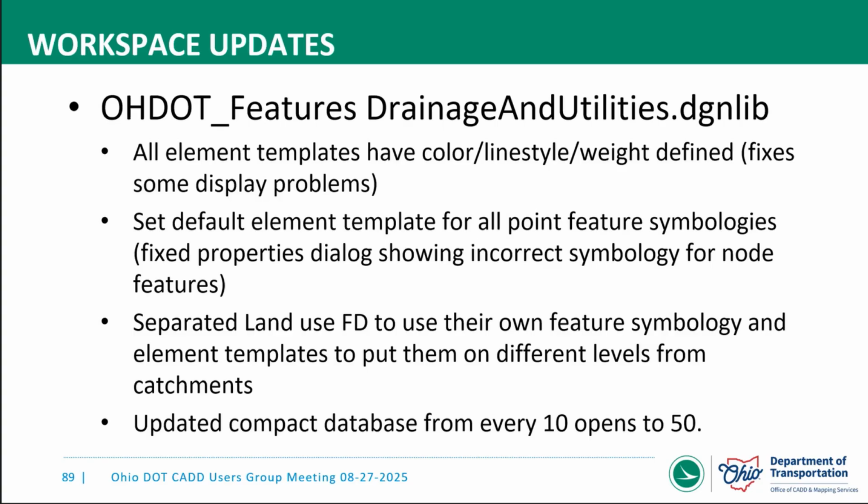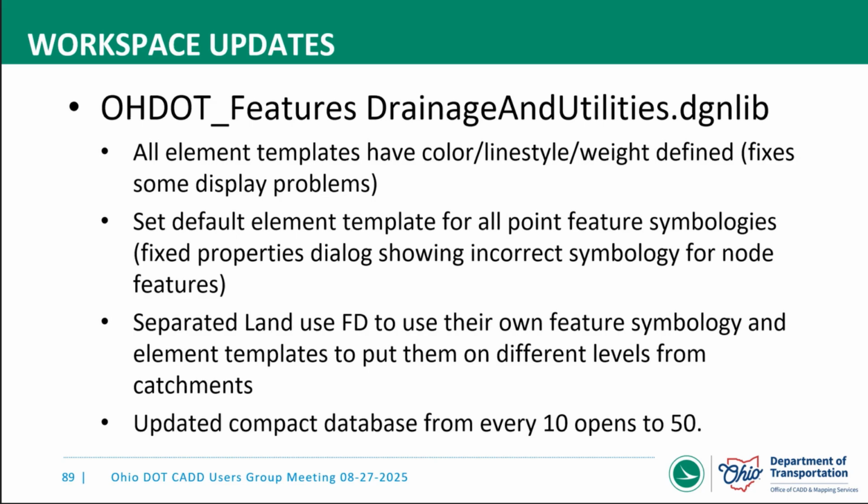Next, for drainage and utilities library, we defined the color, line style, and weight for all element templates, fixing some display issues. We also set the default element templates for point feature symbologies, fixing incorrect node symbology in the properties dialog.